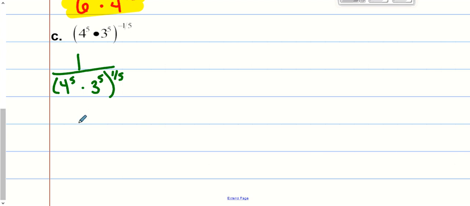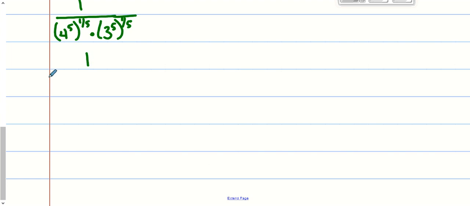So let's simplify that. It's going to take up a little bit more space since we put that as a fraction to begin with, but that's okay. So we now have, let's distribute the power, 1 over 4 to the 5th to the 1/5 power times 3 to the 5th to the 1/5 power. Now we have a power to a power here.